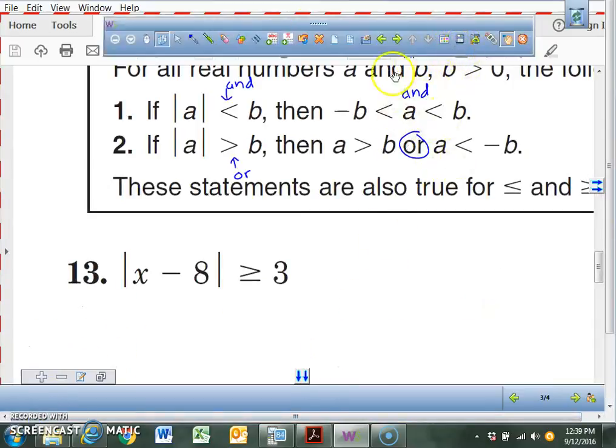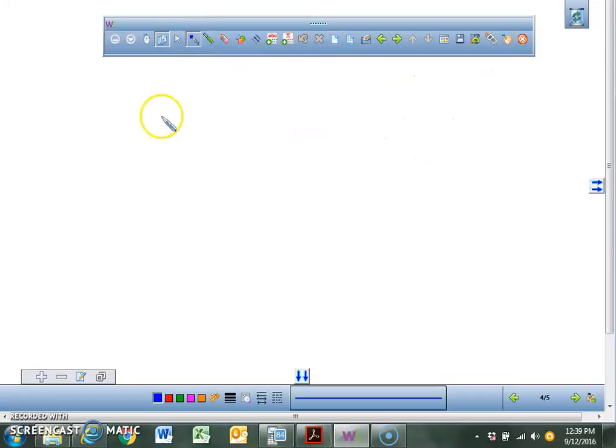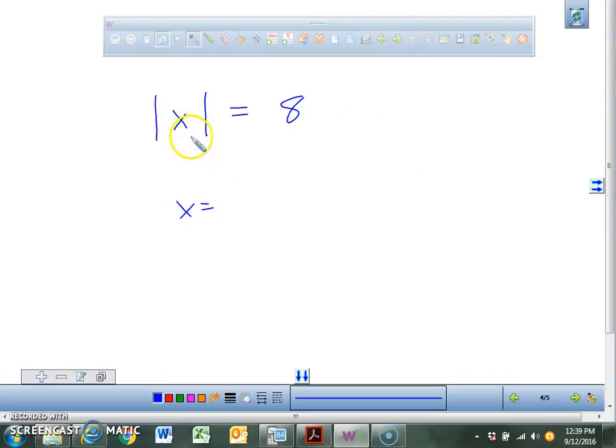Now, when we went back to solving absolute value equations, what are the two answers that would work inside of this absolute value equation? Two answers. Absolute value of what number could equal an 8? Negative 8 could work. Because what's the absolute value of negative 8? 8.